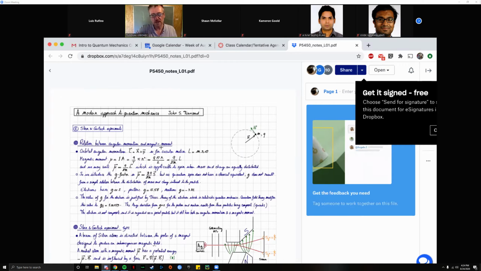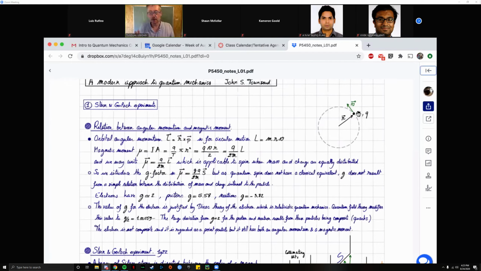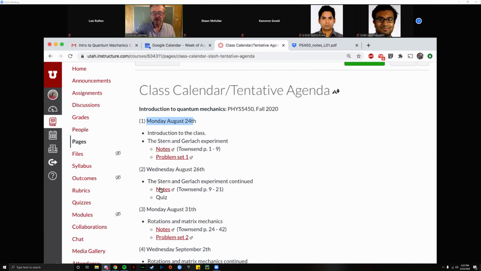So please try to have a look at these notes ahead of time. I'm not asking that you study them in detail, but sufficiently to have some perception of your difficulties at understanding the material, okay? And so you see that for next time, for example, you read the notes that are in this link here.